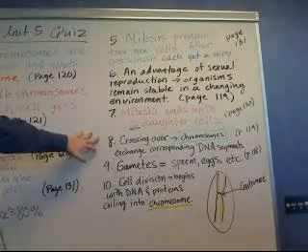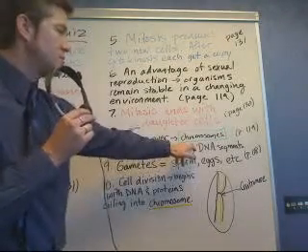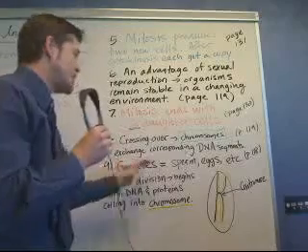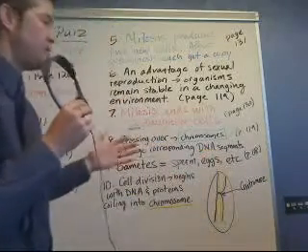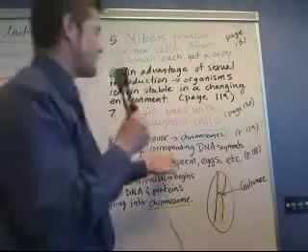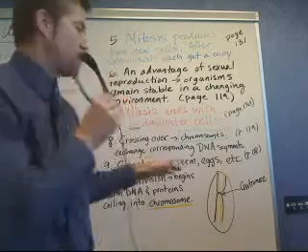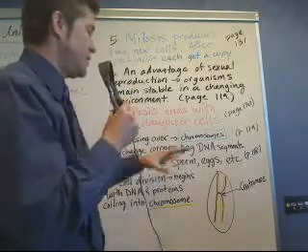Crossing over. During the crossing over process, the chromosomes exchange corresponding DNA segments. So they're going to have that mirror image as they break apart, and corresponding segments means, another word for corresponding would be the matching segments, or the parallel segments.